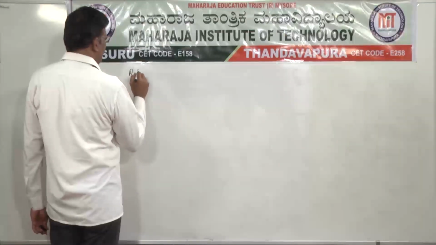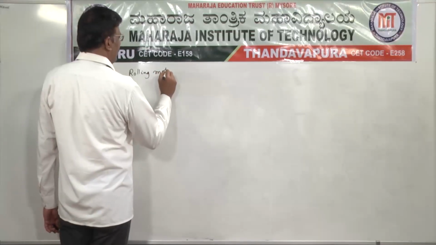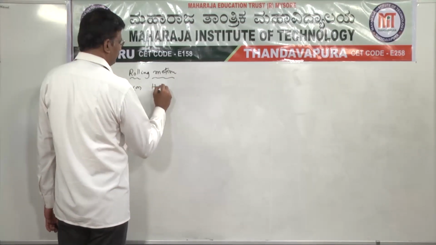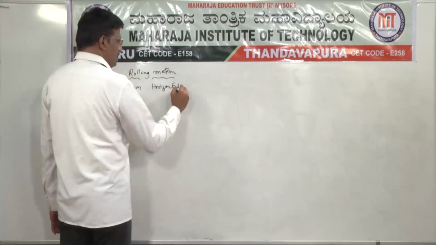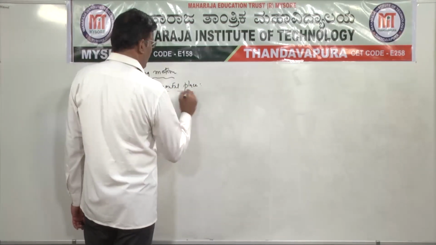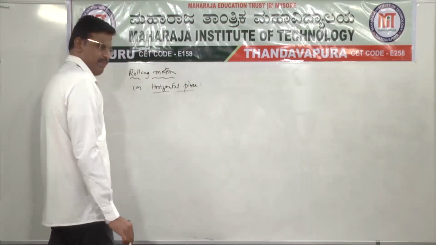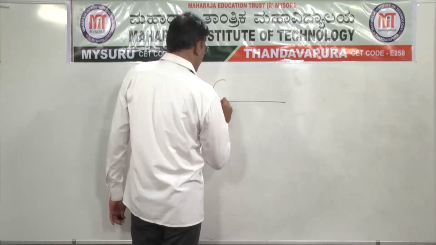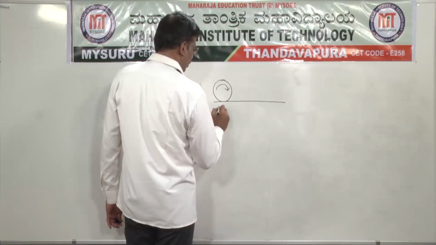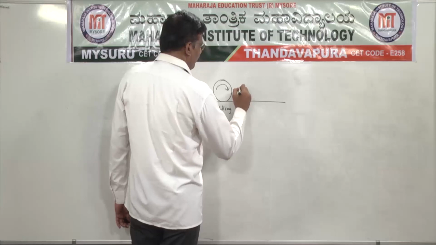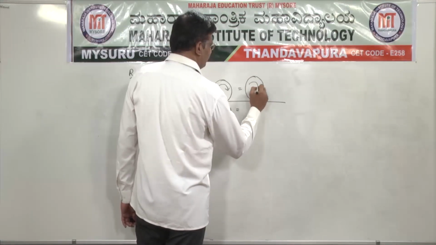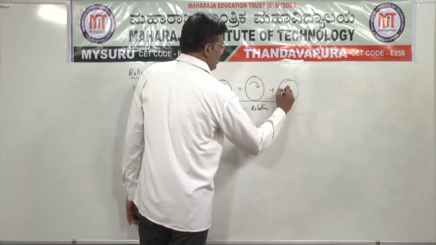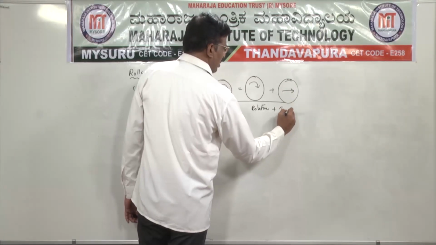Next topic is rolling motion. When a body rolls on a horizontal surface without slipping or skipping, rolling motion is nothing but rotation plus translation.